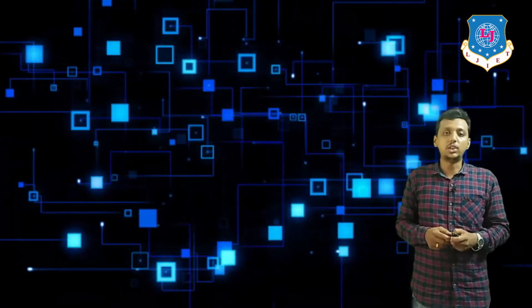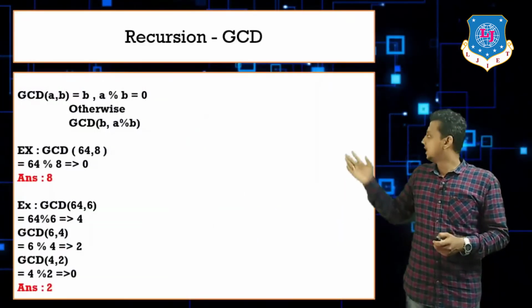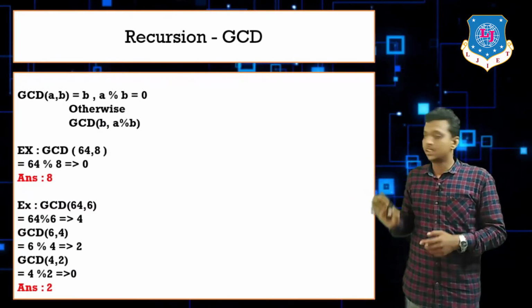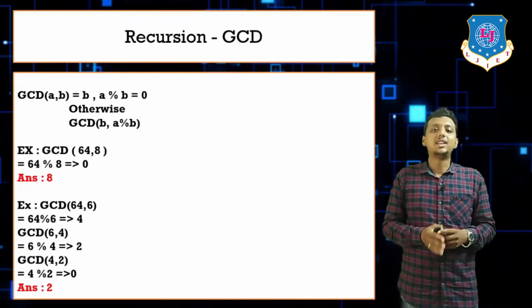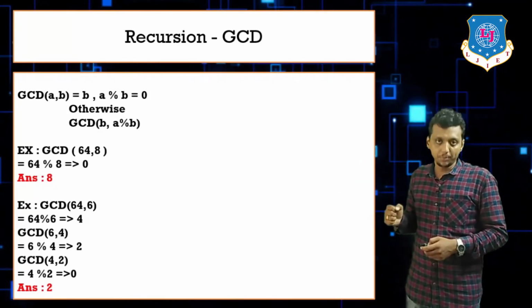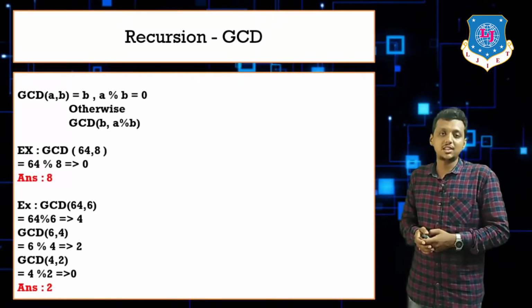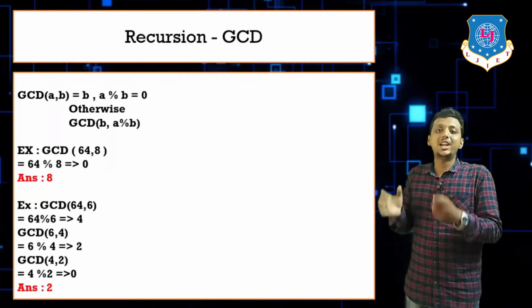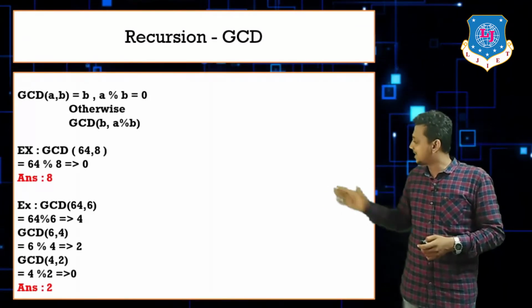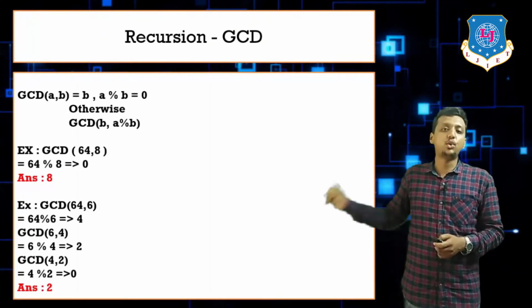Let me show you the example for it. If I want to calculate the GCD of 64, 8, then 64 modulo 8 returns 0. Remainder is 0, so the answer is 8 itself. But in the next example, students, you can see 64, 6.